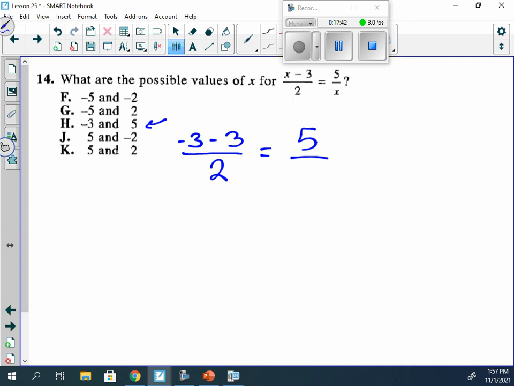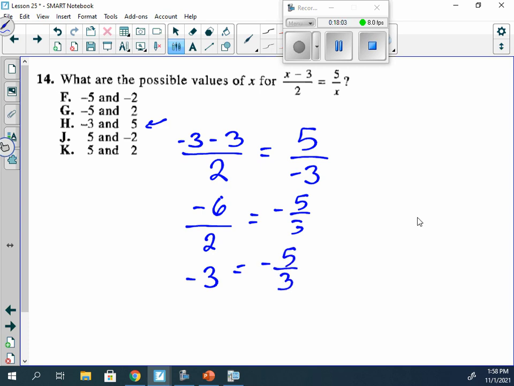Well, we can try -3. -3 minus 3 is -6, and -6 divided by 2 is -3. Well, 5 divided by -3 evenly? No, so we have -5/3. Is -3 equal to -5/3? Oh no, so H is not right.